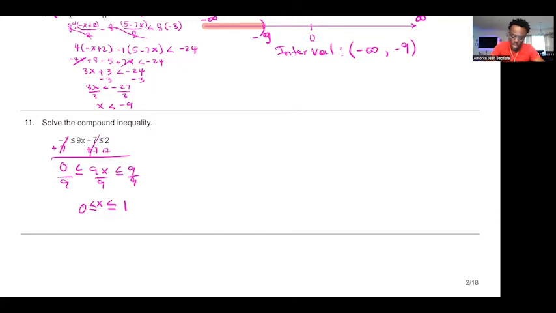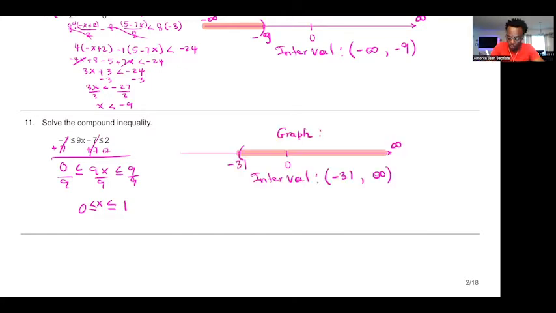So your interval, your graph of this will be, let's see what the graph would look like. 0, everything has a bracket, obviously. Everything has a bracket because you have inequalities. You have less than and greater than, both with equal.